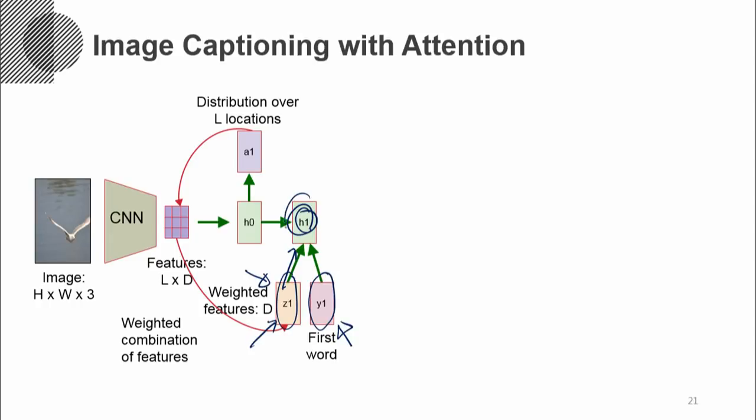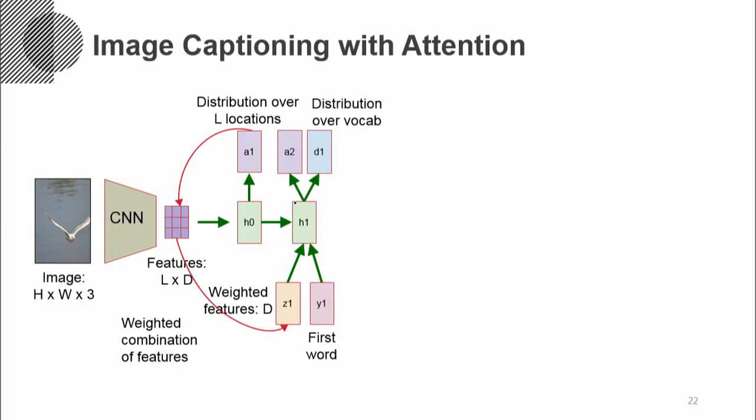So when going through this RNN, finally we will generate the word that should appear in the current time step, and then we generate another distribution over L different regions.